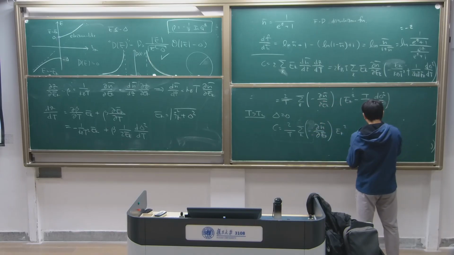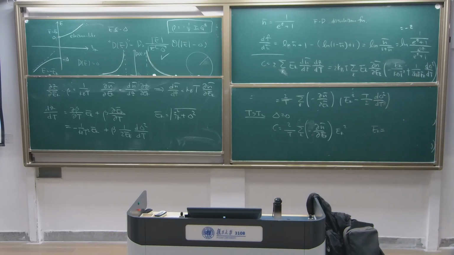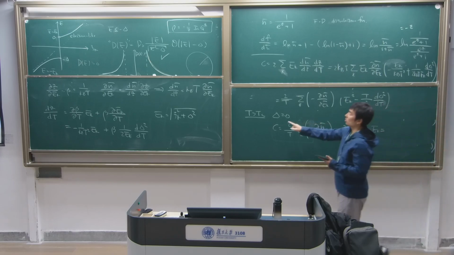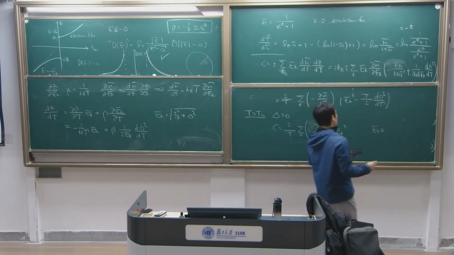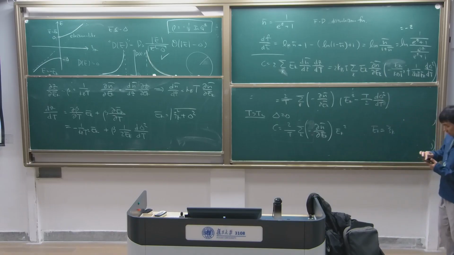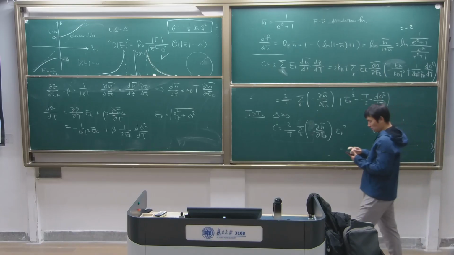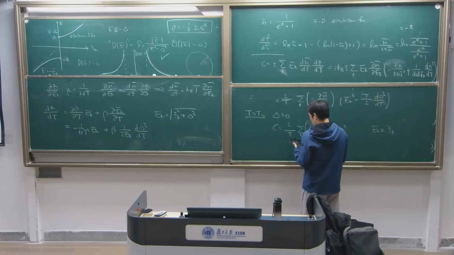And the EK in fact is equal to, so now the delta is equal to 0. So this means that the EK is equal to epsilon K.